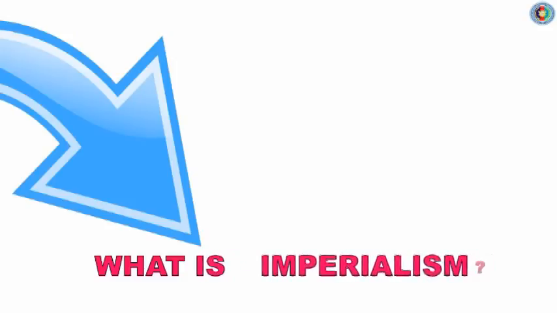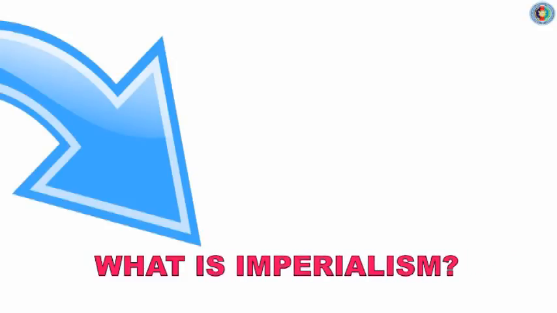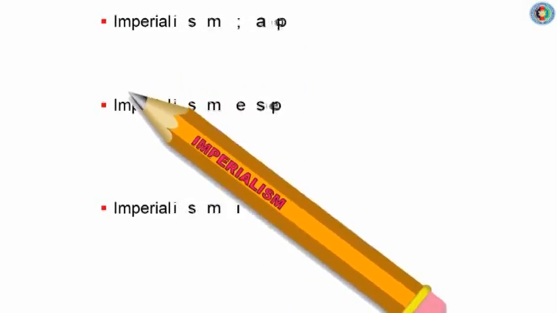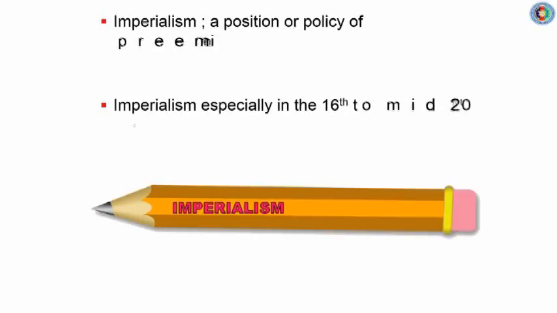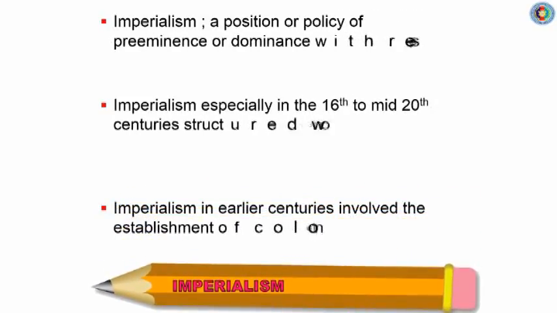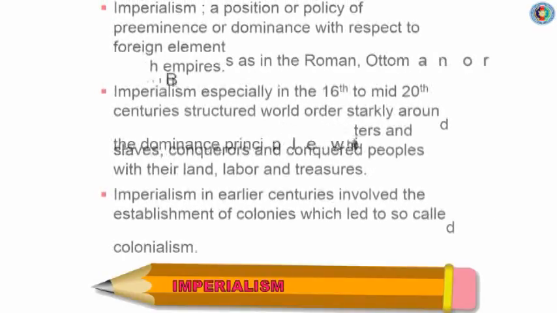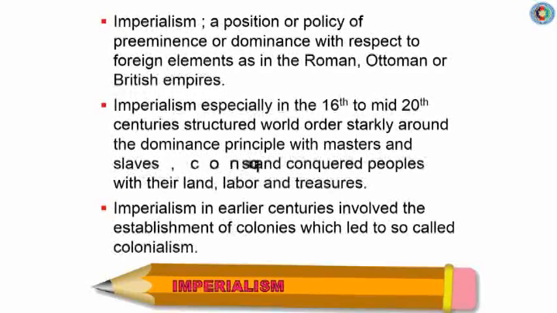What is the definition of imperialism? Imperialism is a position or policy of preeminence or dominance with respect to foreign element, as in the Romans, Ottomans, or British Empire.